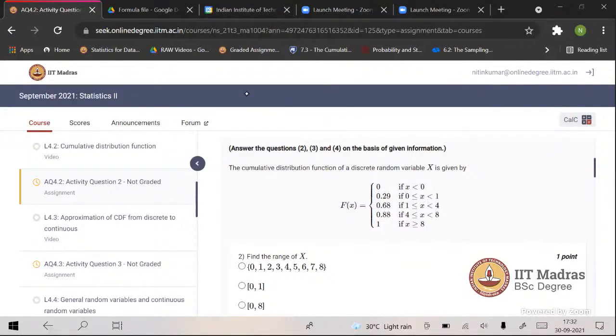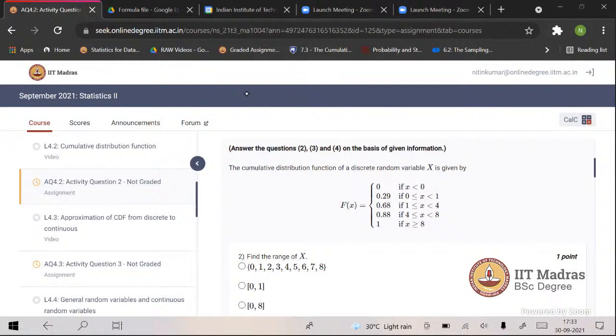If it was continuous, then its graph also would be continuous. The only difference is that the graph of a CDF of a continuous random variable is always a continuous curve, while the graph of the CDF of a discrete random variable is always a step function.